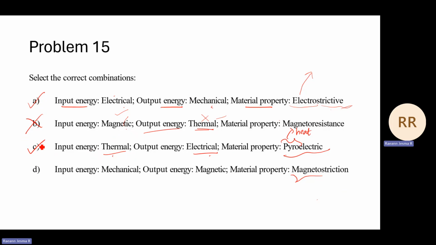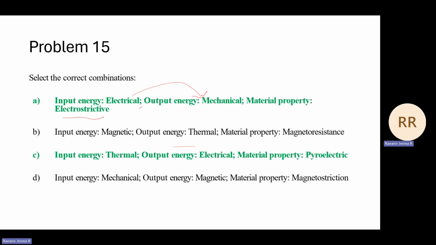Since it is given in the opposite way, this is wrong. So the correct combinations are option A, input energy electrical, output energy mechanical, and the material property electrostrictive. And option C, where the input energy is thermal, output energy is electrical, and the material property is pyroelectric. These are the correct answers.